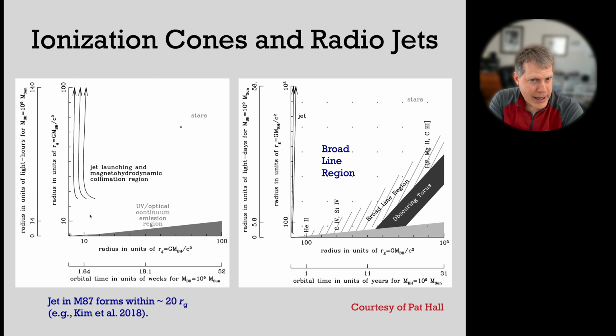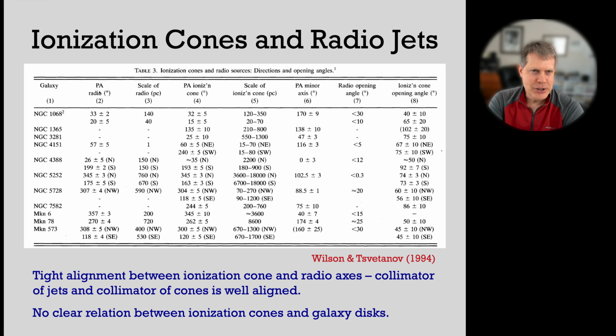Whereas, by contrast, you have to go up to the next power of 10 diagram to get to the obscuring torus, which is thought to be the collimator of the ionization cones. That may be a structure that is on a scale of about 40 times larger than the collimation scale of the jet. Yet this structure and the torus structure are thought to be generally co-aligned pretty darn well, such that the position angle of the radio source and the position angle of the ionization cone align well.